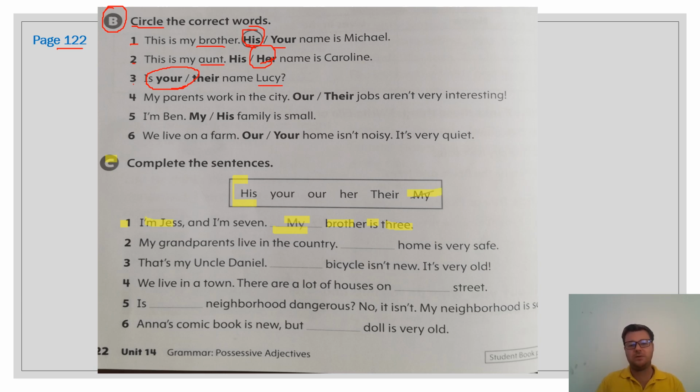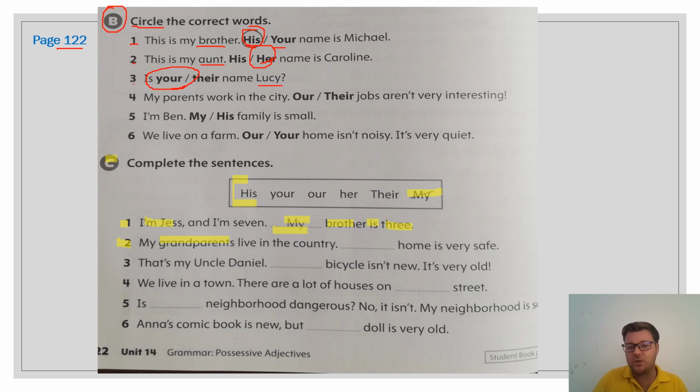Let's do one more example. Number 2. My grandparents live in the country. Blank home is very safe. So now we need to look carefully. My grandparents, that means more than one. So we are talking about the grandparents, which is more than one.